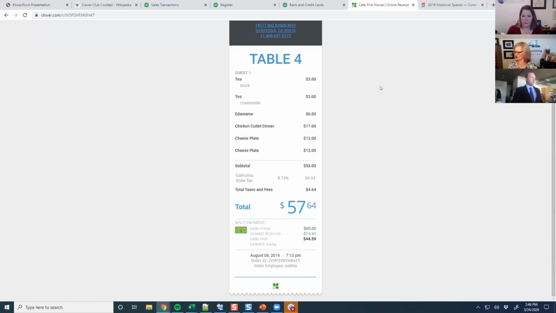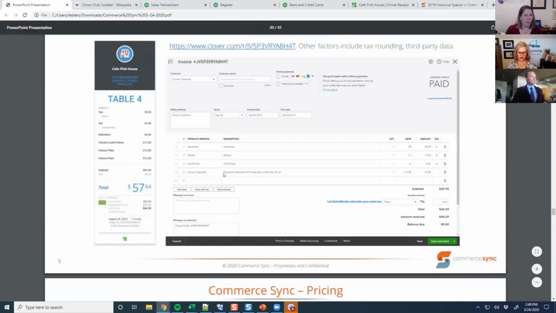If you look at this receipt, it's saying, hey, I sold $57.64 worth of stuff, inclusive of my tax liability there. But I actually only took $44.59. So what happened there? Honest mistake, who knows? Point being, it doesn't balance, but instead of throwing out the entire bushel of apples because there was one bad one, what we do is we enter an offsetting line here mapped to a specific suspense account.